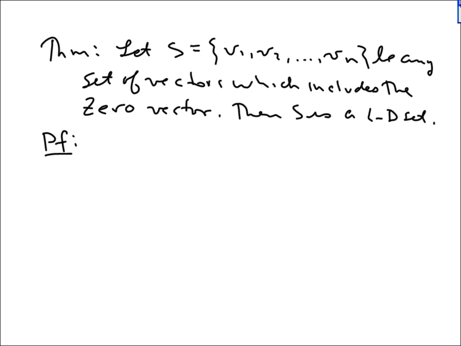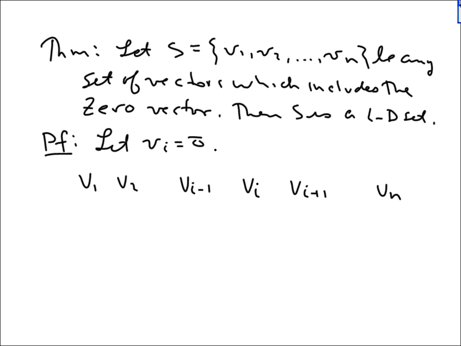First, let's identify the 0 vector. Let V sub i equal the 0 vector. Now you have vector 1, vector 2, eventually vector V i minus 1, then vector Vi, then the vector after Vi, and eventually Vn.